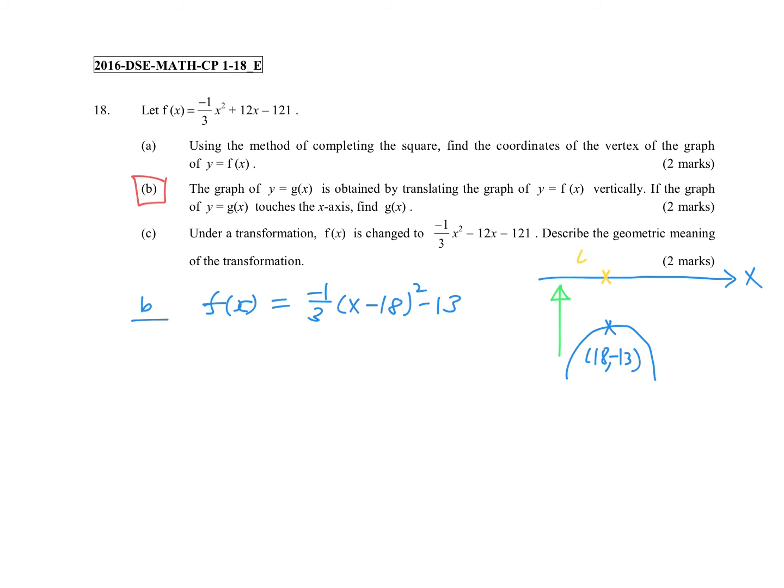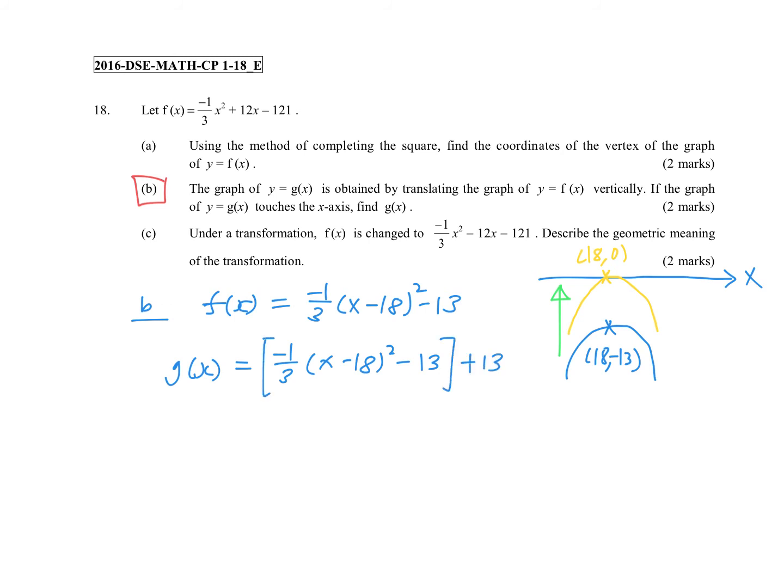And then already we can write down the vertex of the translated graph. So that's how the graph becomes g(x), and you can already put down the answer. g(x) would be negative 1/3 (x minus 18) squared minus 13, the whole graph plus 13.